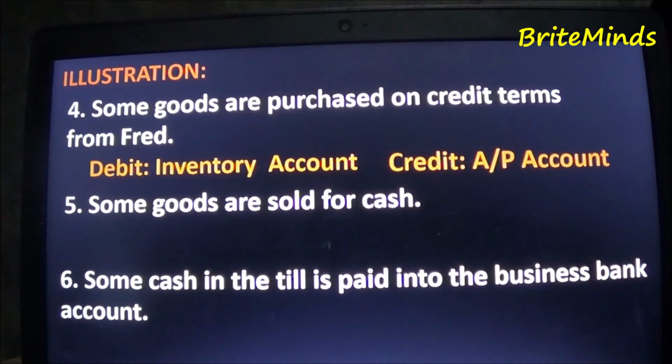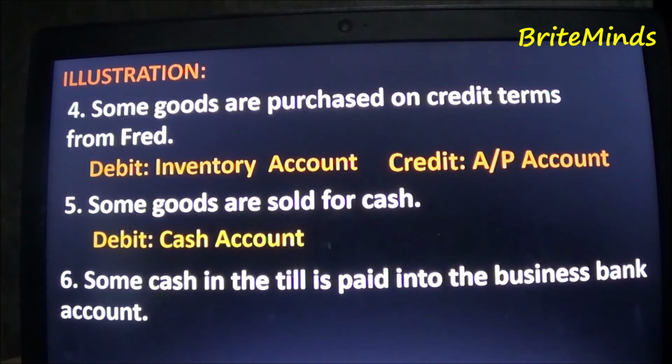Okay, so we go to transaction number 5. Some goods are sold for cash. The business entity now earns sales from the selling of merchandise. So what will be the debit and the credit? The business entity received cash, so the cash flows to the business.